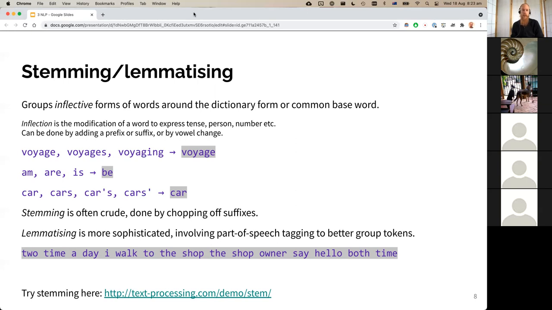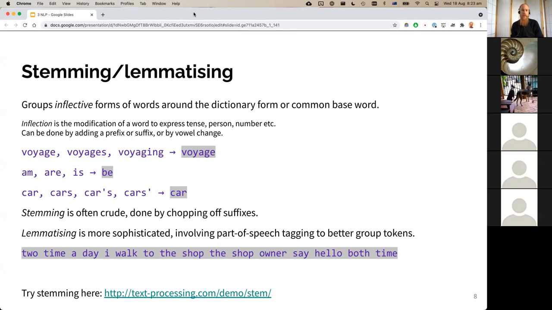The words can be modified with punctuation, and there can also be similar forms of words that we might want to group to a common base word, as we can see in the second example. So these are two processes, stemming and lemmatizing.